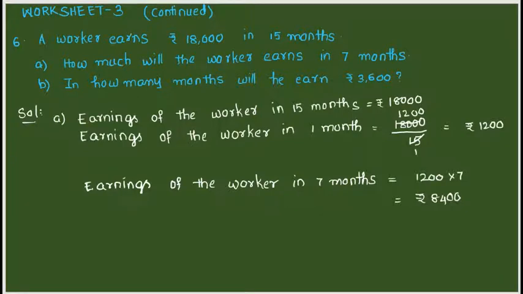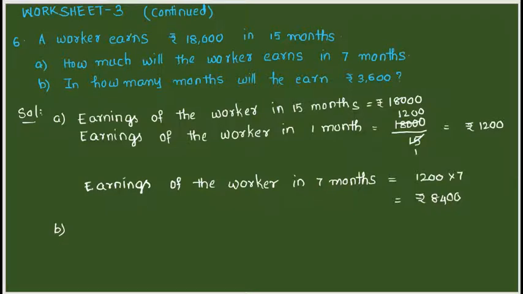Now coming to the second answer, that is B. It is asked in the question: in how many months will he earn 3600? That means the importance is given to the number of months. So the same sentence we have to rewrite by giving the preference to the number of months. Here what is given?